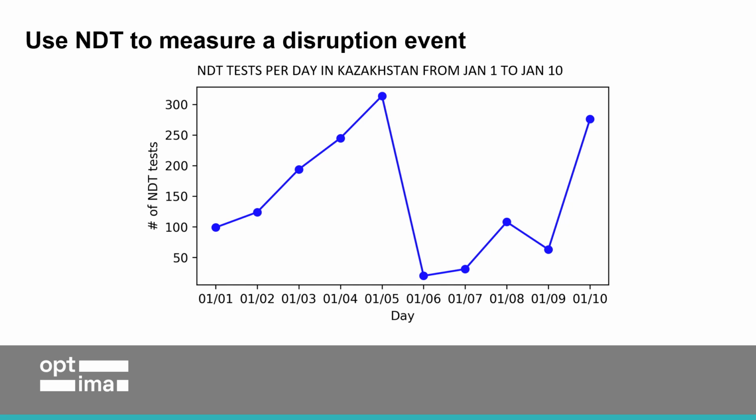And so if you have data from before and after that period, you can perhaps see differences in the time period that you're interested in and say, this could point to something being intentionally different about the network during this time.